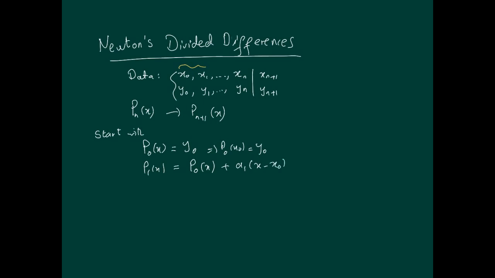Now why x minus x0, I'll explain in a second. The idea is that this second approximation includes the points x0 and x1.